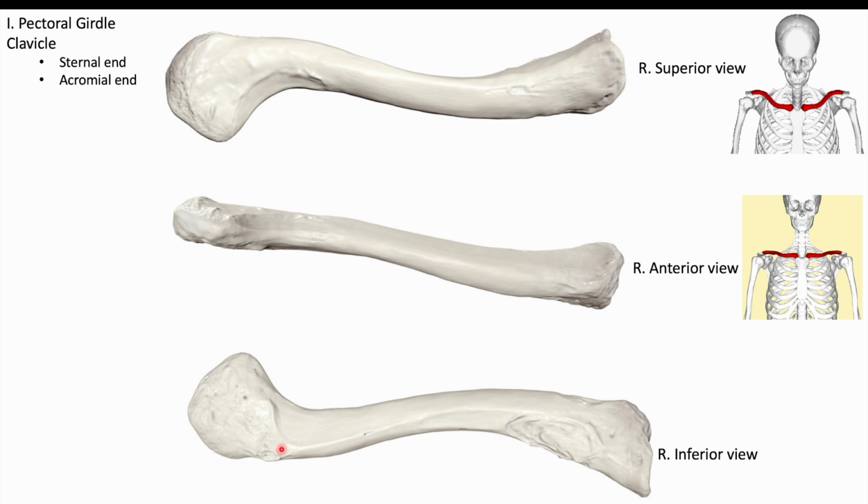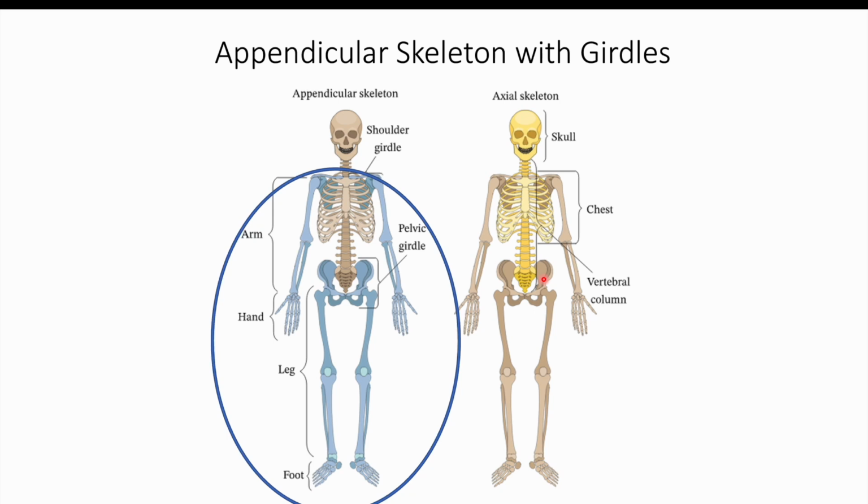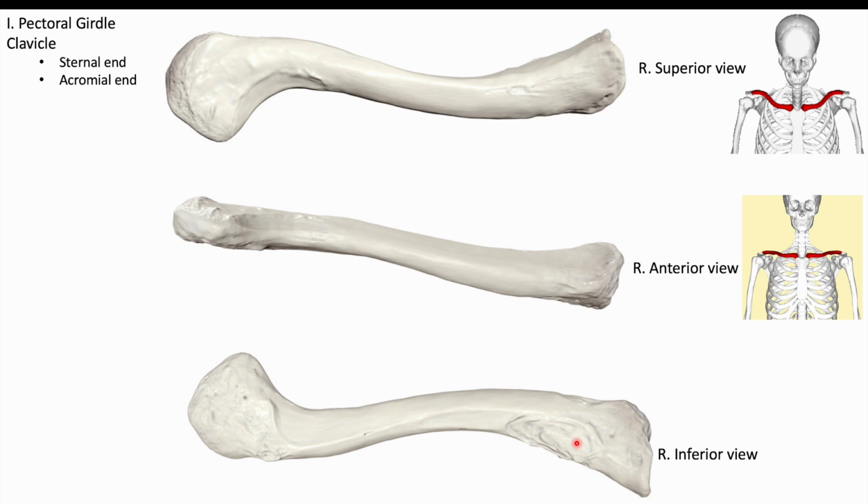So you find the bump and you find the impression on the inferior end. On the superior end, you're not going to have that. That's not going to be visible. So that's first how you identify whether you're looking at it from the superior or the inferior view.